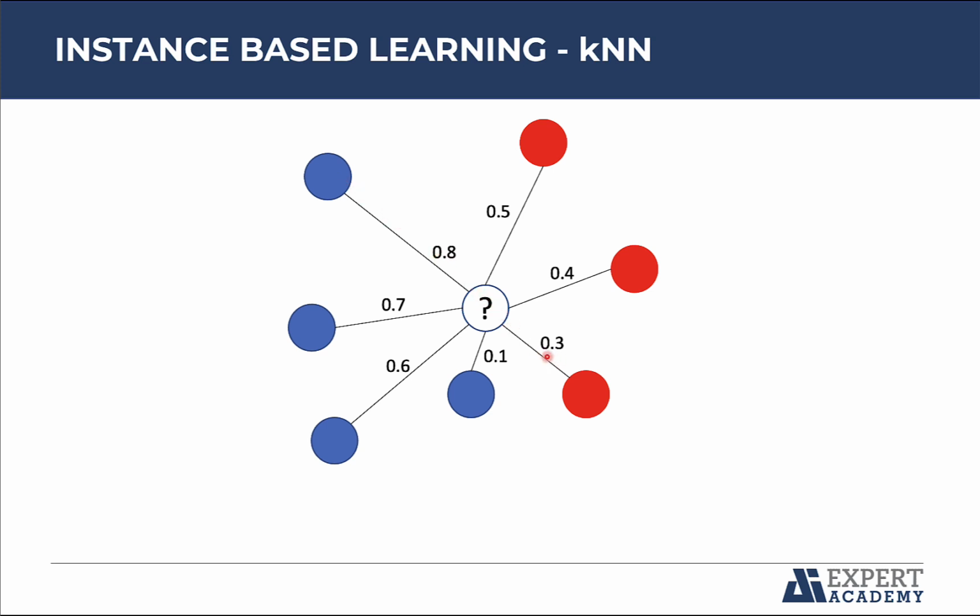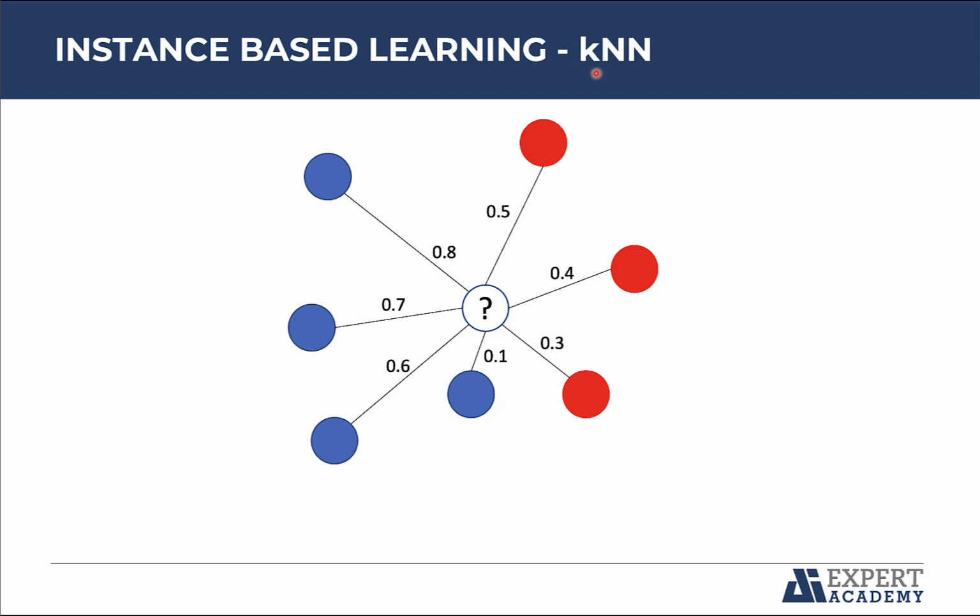And we can see here 0.3, 0.4, 0.5, and so on. The smaller the distance, the closer the points are. On the other hand, the greater the distance, the farther away the points are.